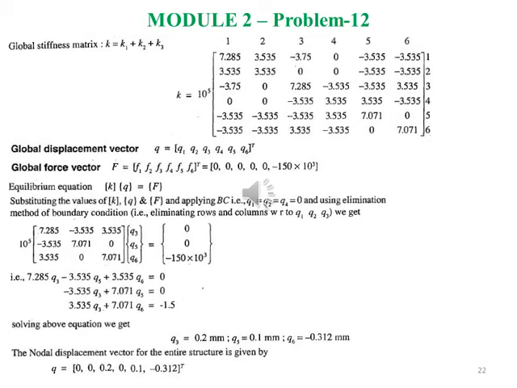While adding the stiffness matrices K1, K2 and K3, we have to observe that node 2 is common in element 1 and element 2.